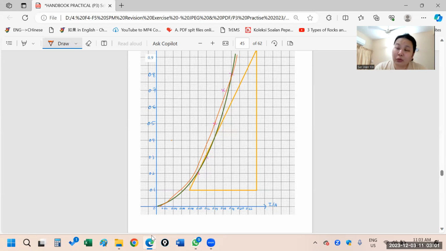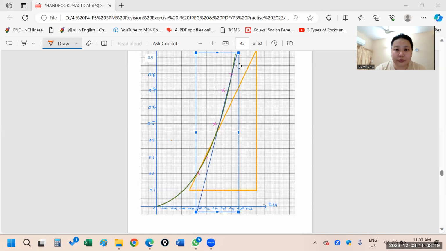So I believe you all got the technique already. Just when you draw the gradient, you follow this part. You follow this part like that. You can see the triangle.